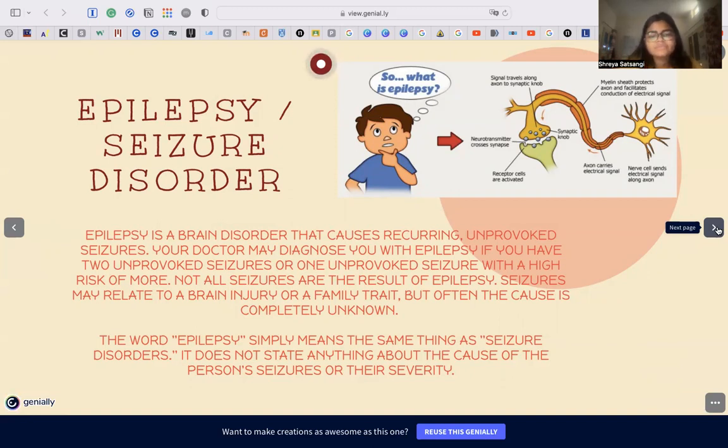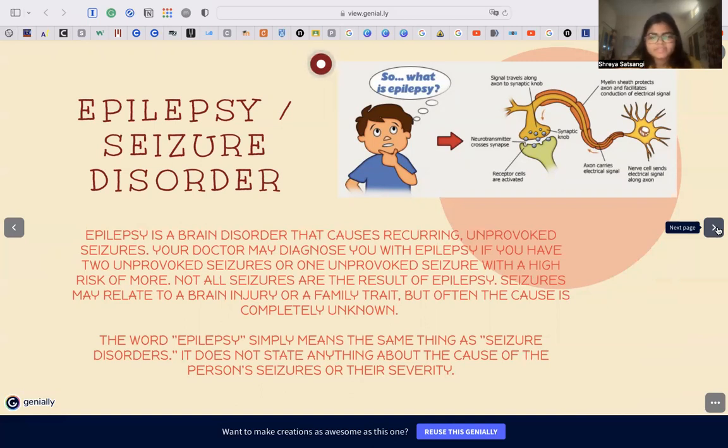So we do not have complete knowledge of why seizures occur, but we do know that it occurs because of high electrical signals, when many neurons pass signals together unexpectedly, and that creates a seizure.